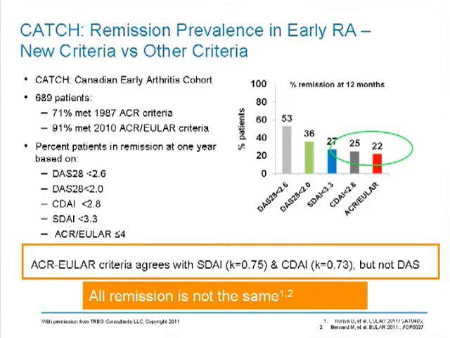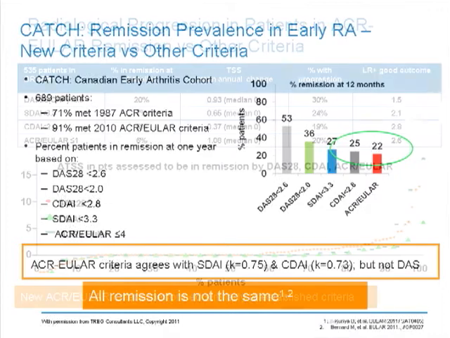And even if the DAS was less than 2, that was a third of patients as opposed to 20 to 25% of patients. So there were two conclusions. The ACR EULAR criteria agrees with the SDAI and the CDAI, but not the DAS. And the very important take-home point here is that all remission is not the same. DAS remission may not be true remission.